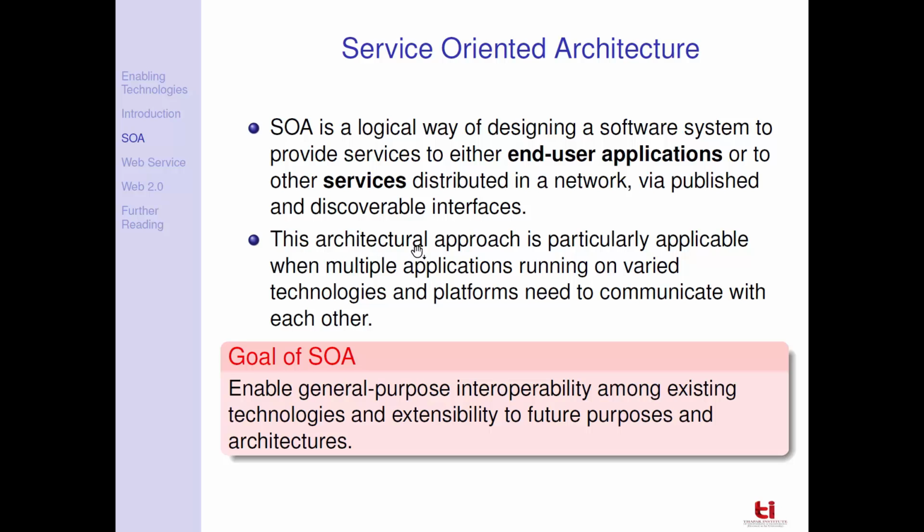This architectural approach is particularly applicable when multiple applications running on varied technologies and platforms need to communicate with each other. So what is the goal of SOA? It is to enable general purpose interoperability among existing technologies and extensibility for future purpose and architectures.